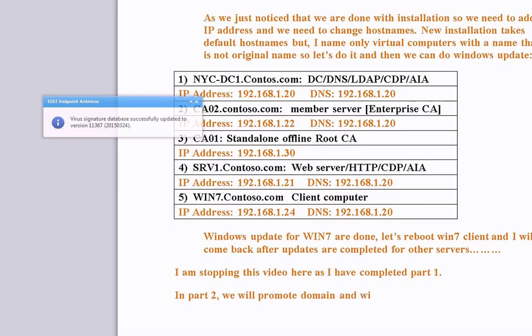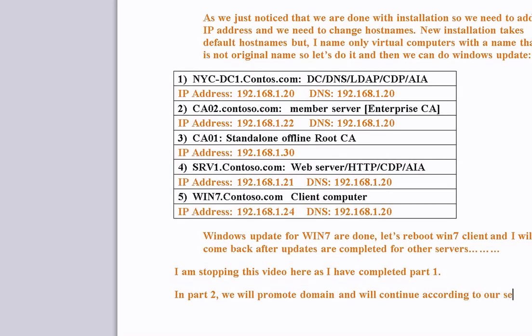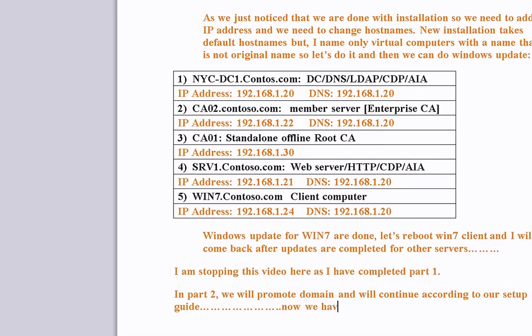I initiated Windows updates, and Windows update is working on the back end, and this will take several hours. Several hours means that when you do a service pack update, that is really time consuming.